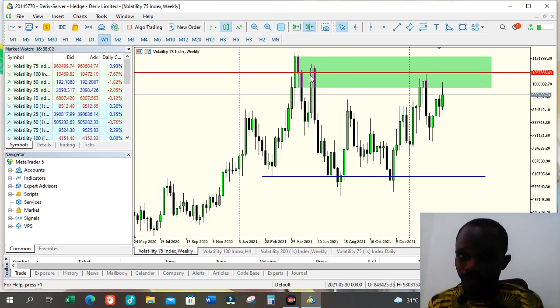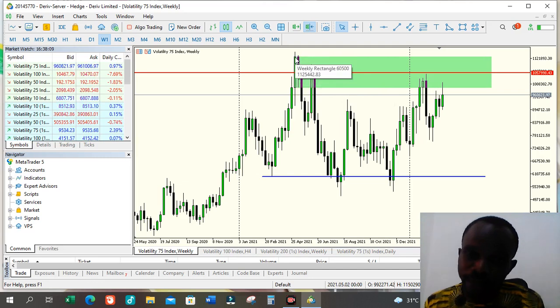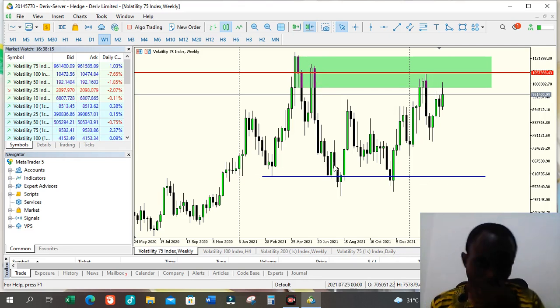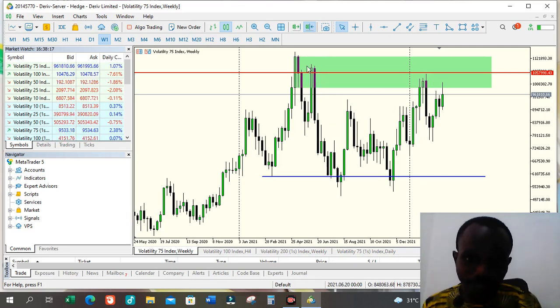When another block is formed like this one, we have a trend here, the last bullish candle before they rallied down, and then they came back up and rallied down again. Typically, this is another block. This one here is another block.